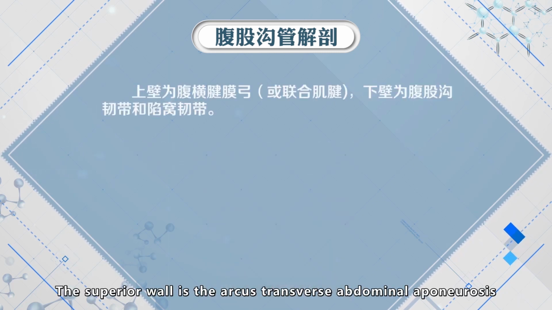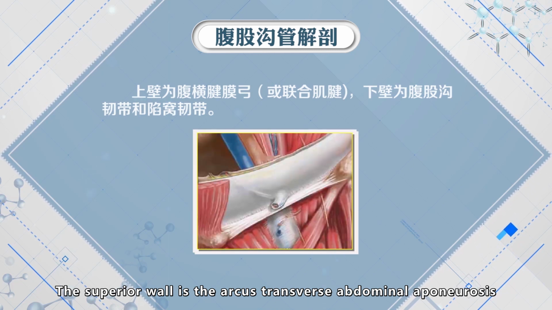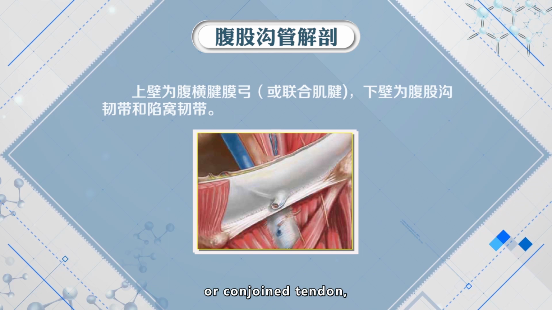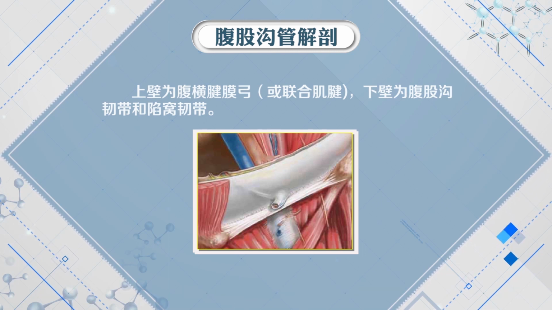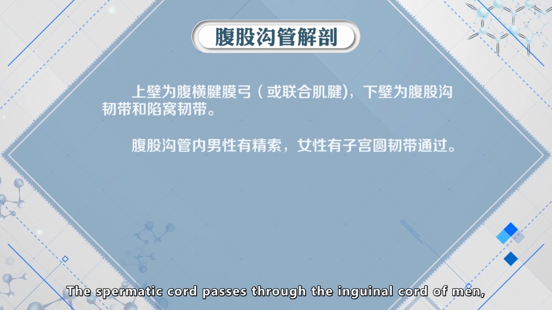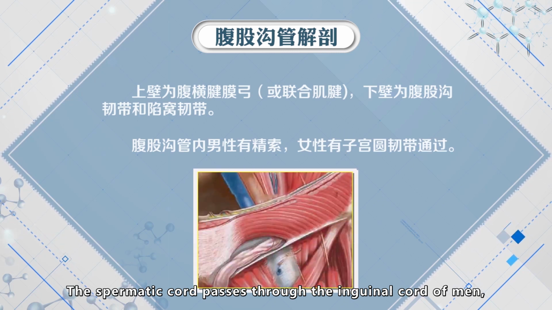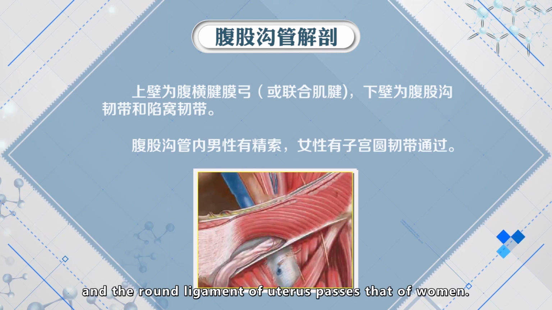The superior wall is the transverse abdominal aponeurosis or conjoint tendon, and the inferior wall is the inguinal ligament and the lacunar ligament. The spermatic cord passes through the inguinal canal of a man, and the round ligament of the uterus passes through that of a woman.